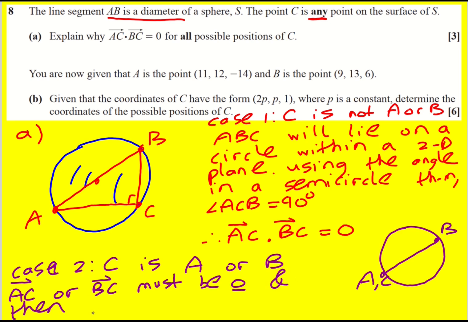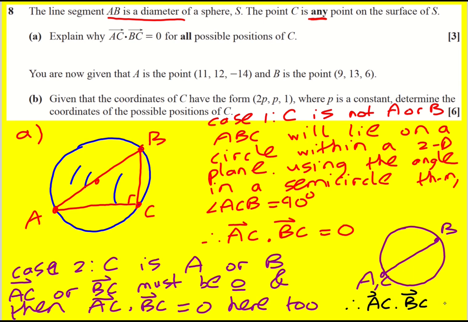They're not perpendicular, but it's a 0 vector now. So AC dotted with BC will equal 0 here too. It says explain why, therefore AC dotted with BC equals 0 for all C.